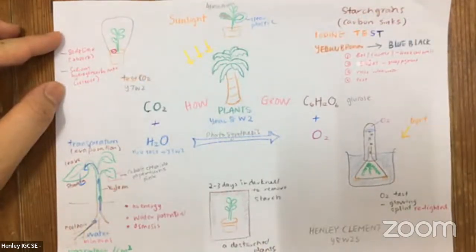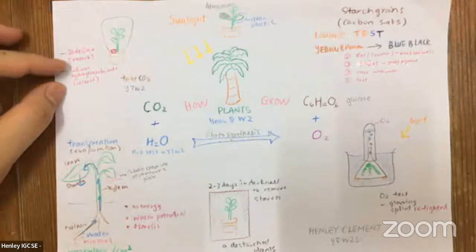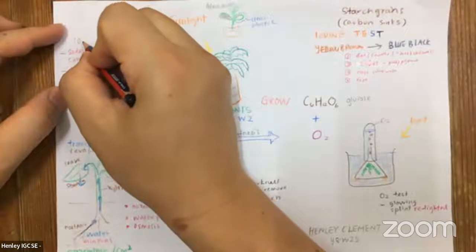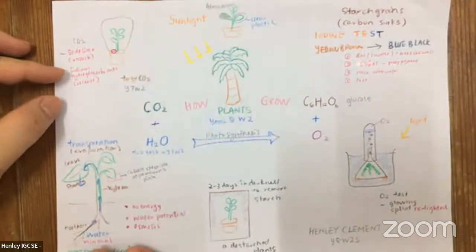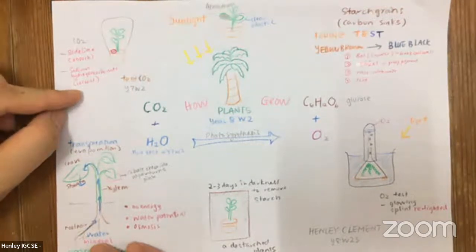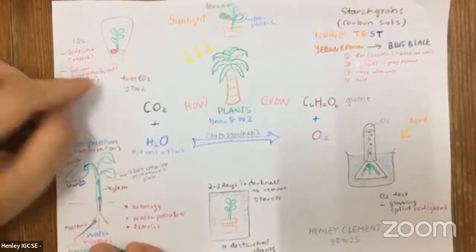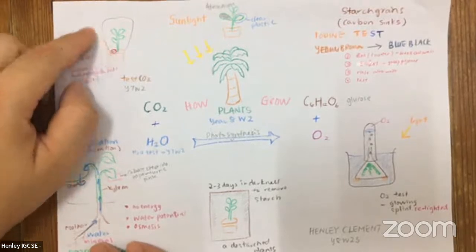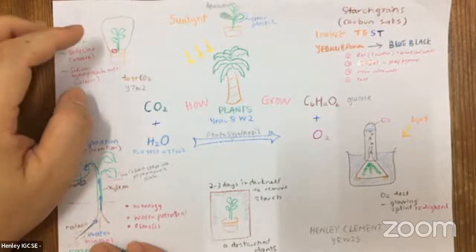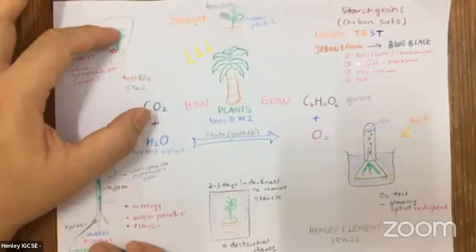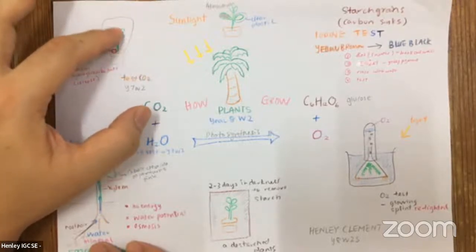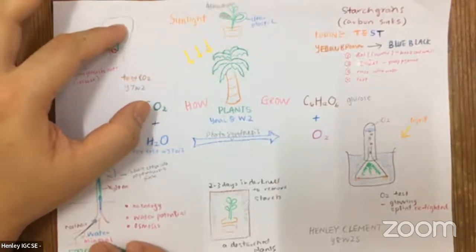Soda lime is used to absorb the carbon dioxide, whereas sodium hydrogen carbonate is used to release carbon dioxide. Okay, so if I put soda lime here and I use the plastic to cover it tightly, most of the carbon dioxide will be absorbed by this soda lime, and then the environment here will be without carbon dioxide.